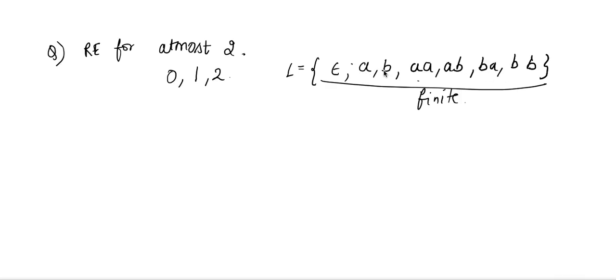If the language is finite, just put union in between and this becomes the regular expression. But it will not look good and it will take time. So what you can do is just put the union in between: epsilon plus A plus B plus AA plus AB plus BA plus BB.